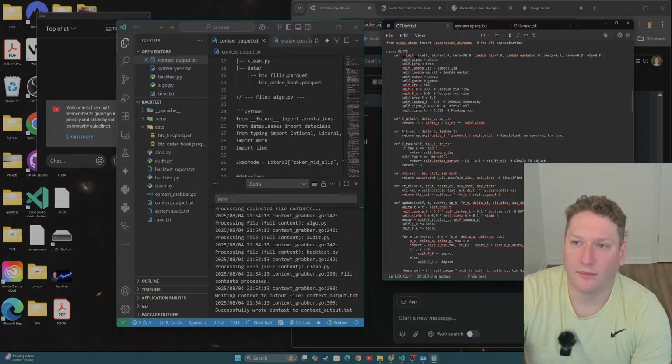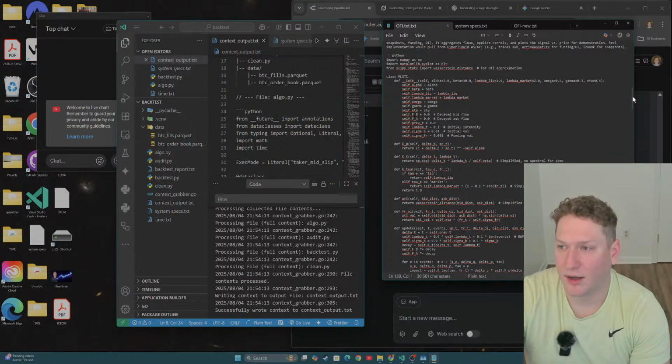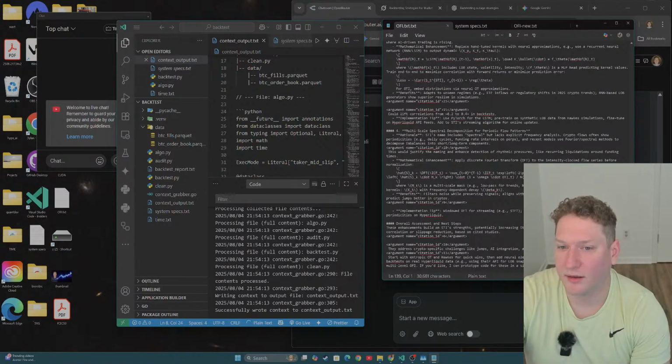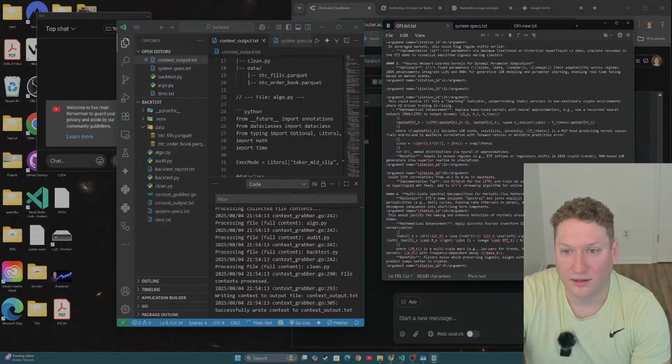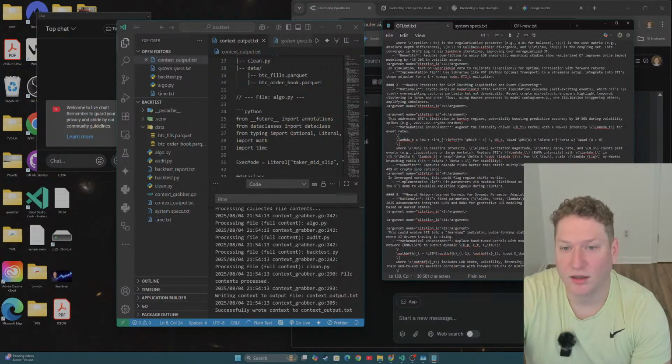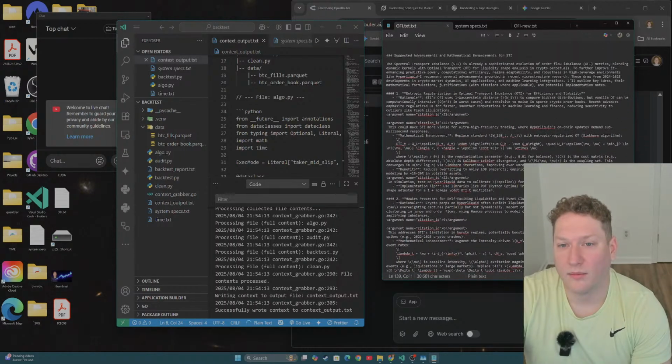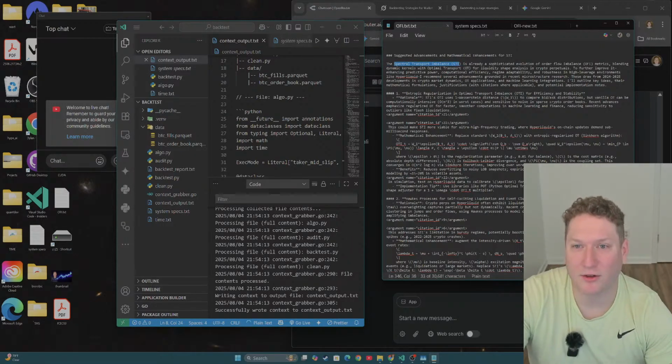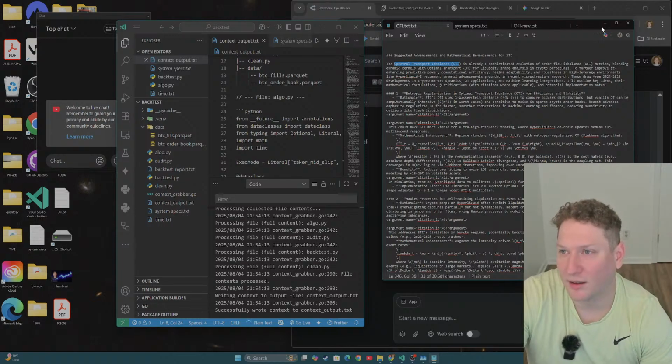We're going to be using microstructure to guide our trading decisions here. Maybe some wavelets, some Hawkes excitation. Yeah, this STI, the spectral transport imbalance.